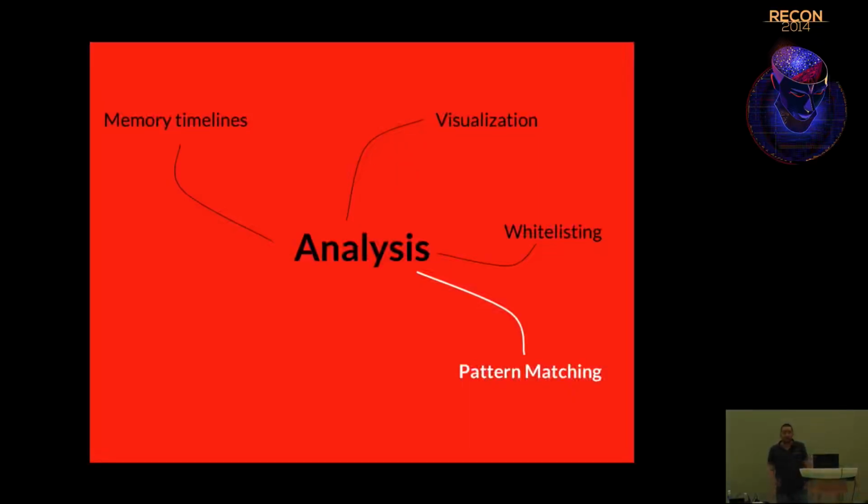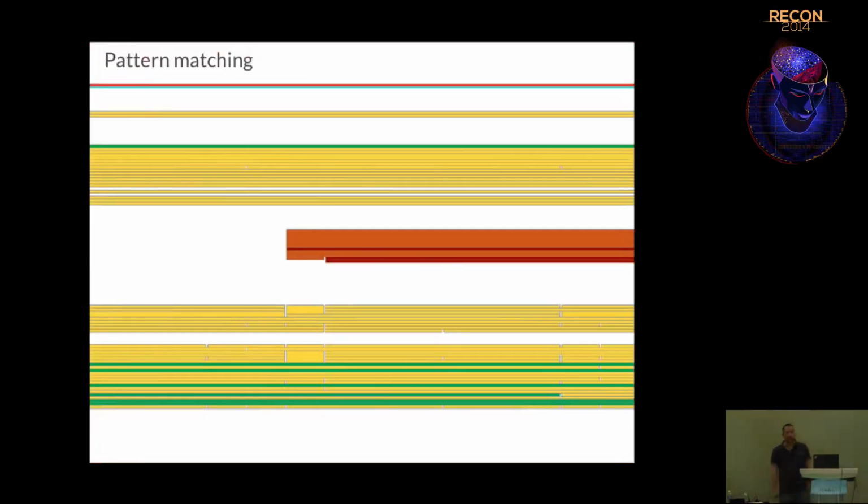So now we have seen how we can eliminate uninteresting memory regions. What if we have found some interesting memory region and we want to get more information about it? That's where our pattern matching comes into play. Here we see again the virtual address space of some process, and there is an unknown executable memory region which appears in the middle of non-executable code.